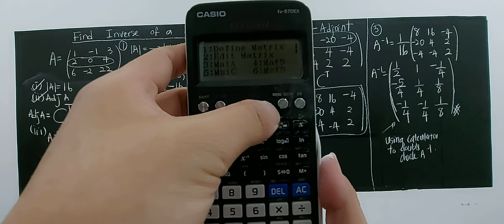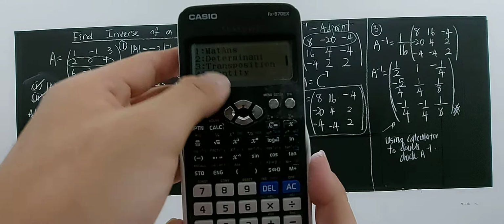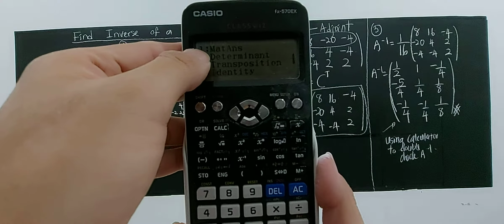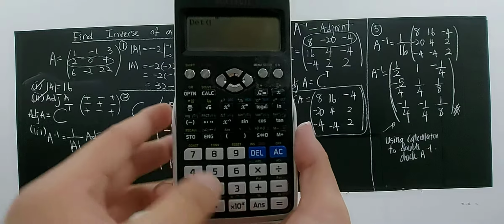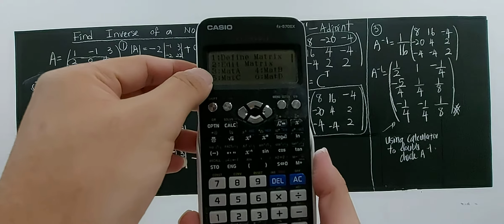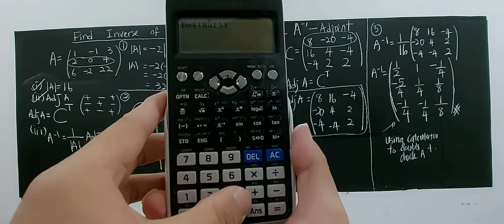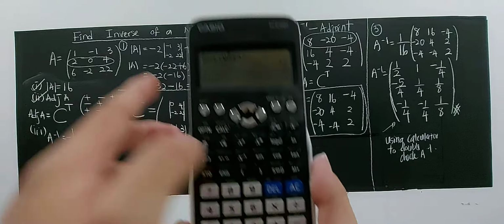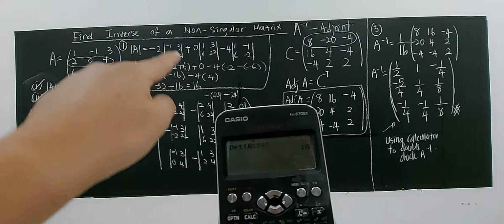So you press this button here. So you have matrix A, determinant, right? So you choose 2, determinant, then the option of matrix A. So you key in 3. So determinant of matrix A. Then you will have 16. Can you see that? You will have 16 as your answer.